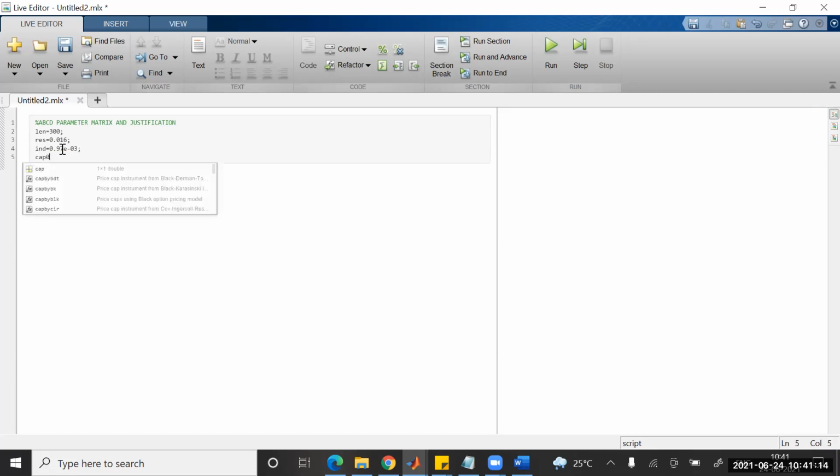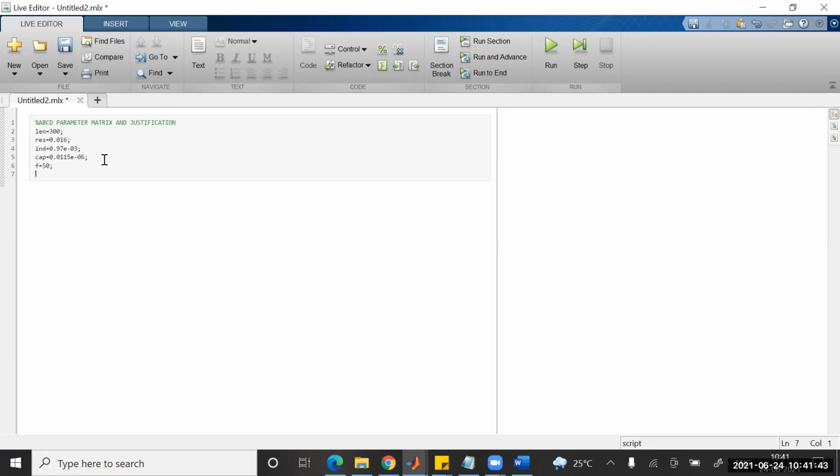The capacitance would be 0.0115e-6. Fine, we'll take this. Let's take F equals 50. This data is also done.